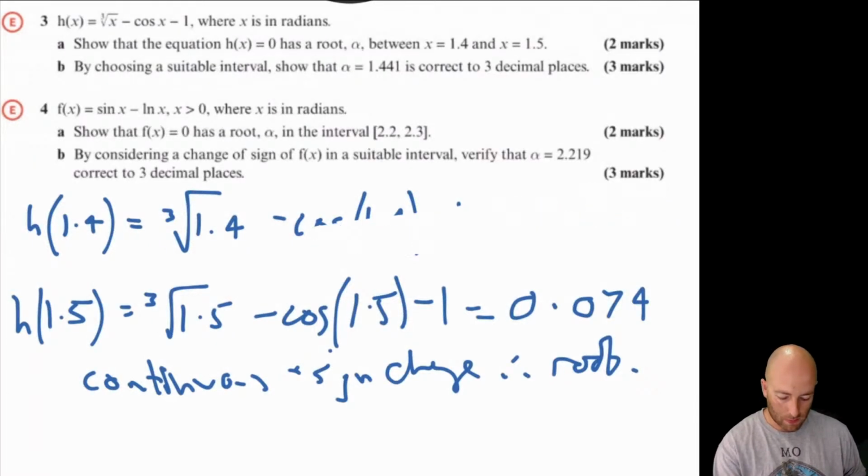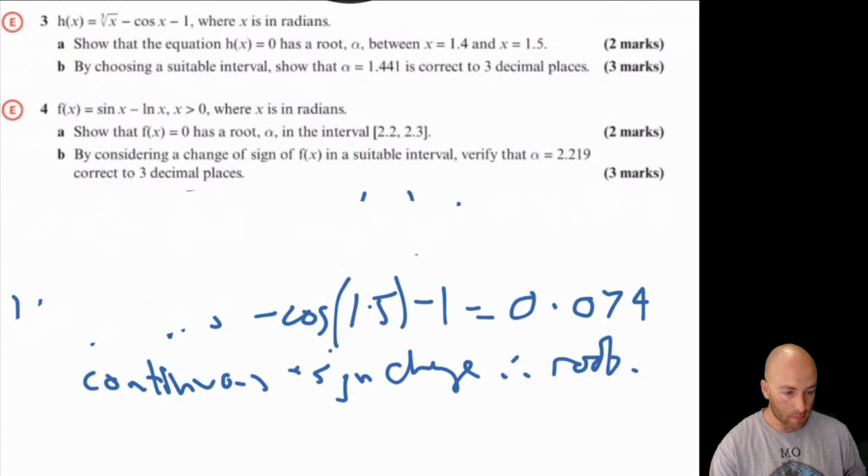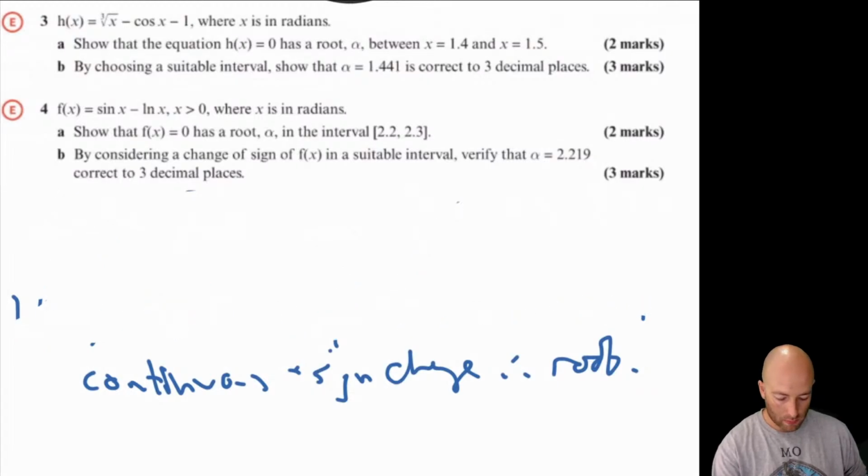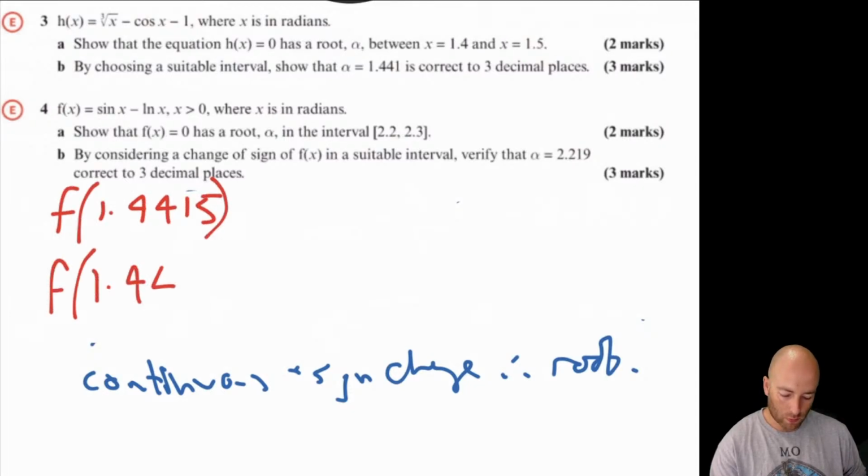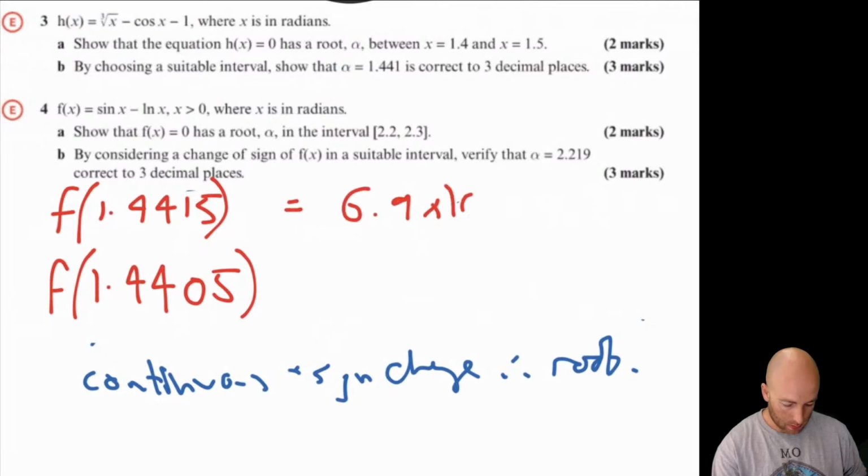Right, by choosing a suitable interval, show the root is 1.441. So we're going to do the same thing again, but with f of 1.4415 and f of 1.4405. So same idea. For this one we get 6.99 times 10 to the minus 4.